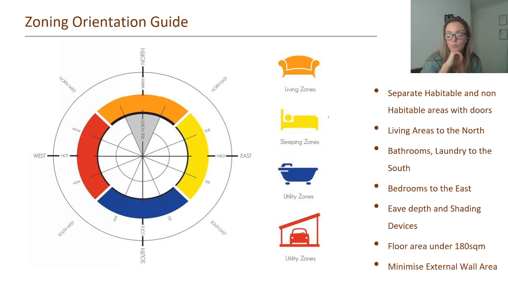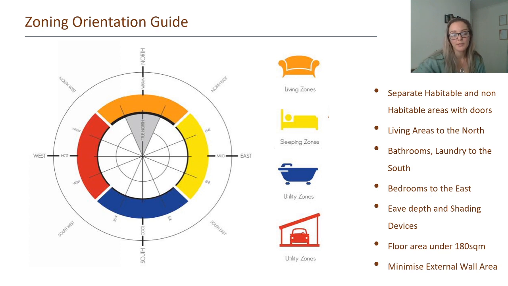On the south, bathrooms and other utility zones, storage areas, because that's going to be the coldest side of the house. We try to keep the areas where you're going to be inhabiting the least on the most uncomfortable areas of the house. So west and south are going to be the most uncomfortable depending on time of year, generally speaking, and also depending on shading factors and things like that for summer.